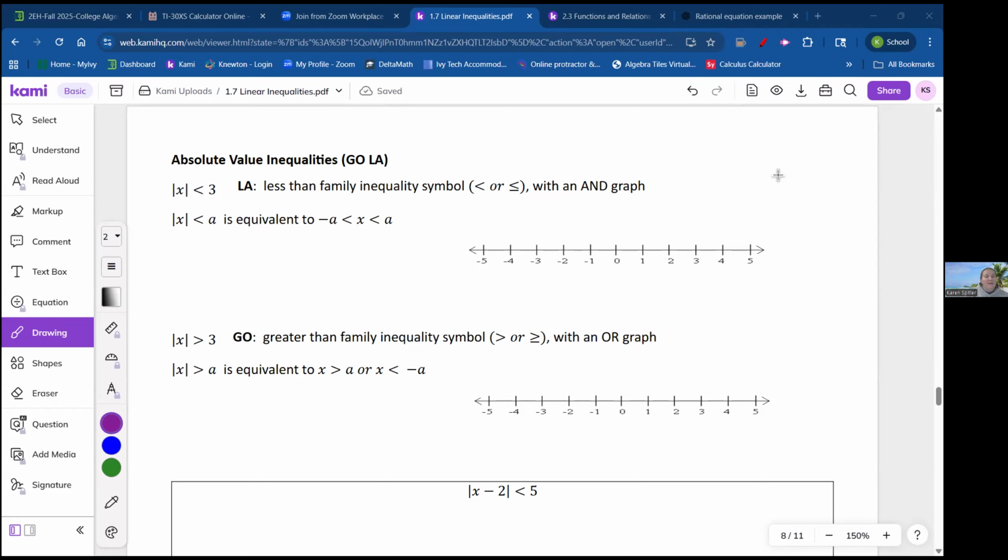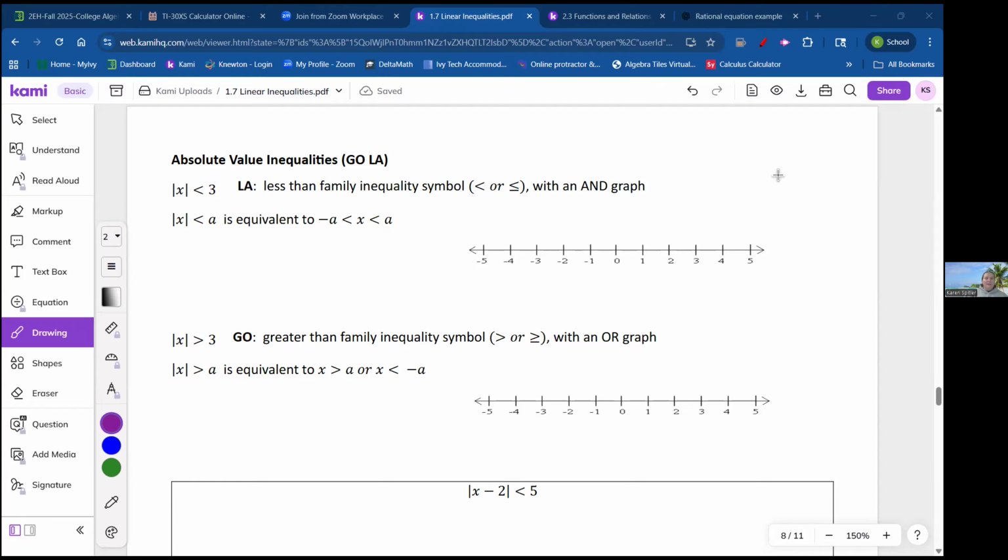All right. So we have the absolute value of X is less than 3. So that means this is an LA equation. Okay. It's the less than family inequality symbol, right? It's just the less than, has an and graph. What that means is the absolute value of X is less than, in this case, 3. That means this is going to be between -3 and +3.